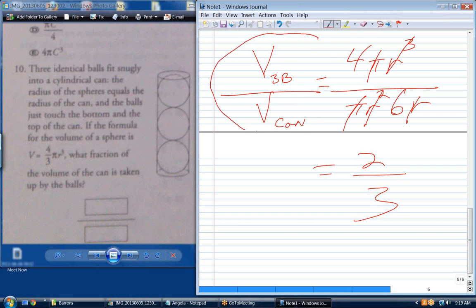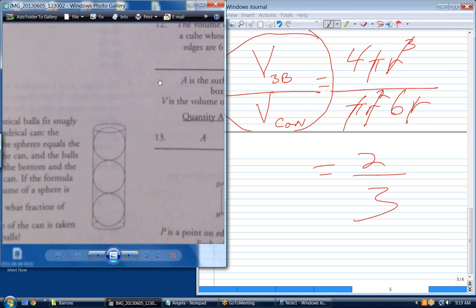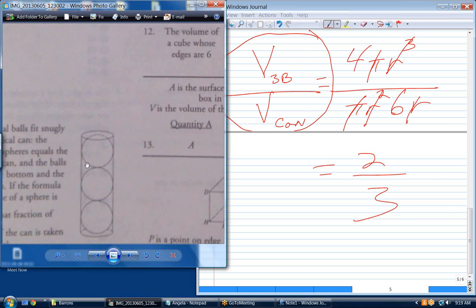If you start there, the problem unfolds and its solution becomes far more doable. That makes sense. This was a tough one, but not that tough. The key really was recognizing how to relate the height of the can and the radius of the balls.